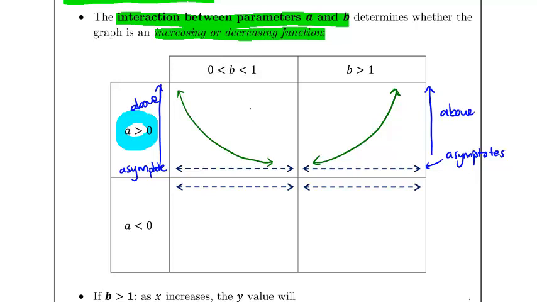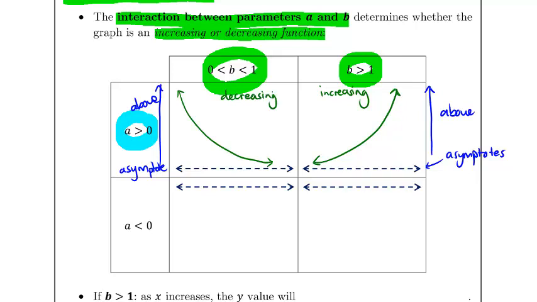The more you multiply it by itself, the smaller the result gets. So when b is greater than 1 and a is greater than 0, you end up with an increasing function. In comparison, when b is between 0 and 1, you end up with a decreasing function.